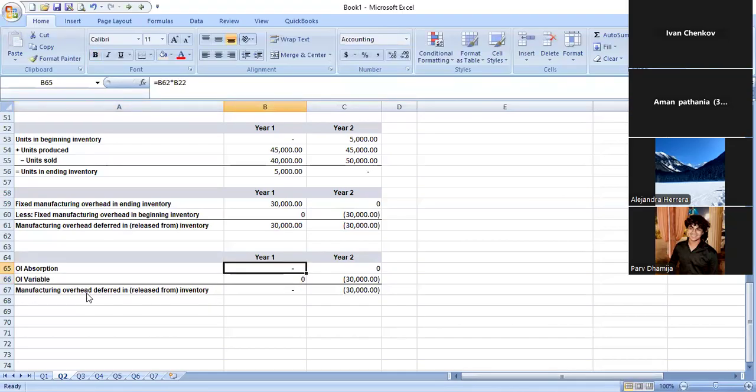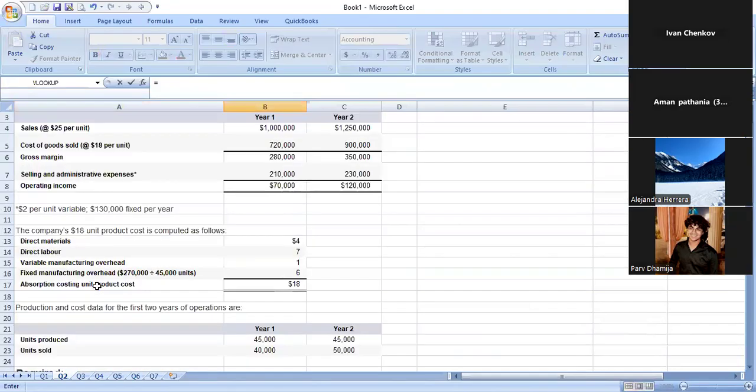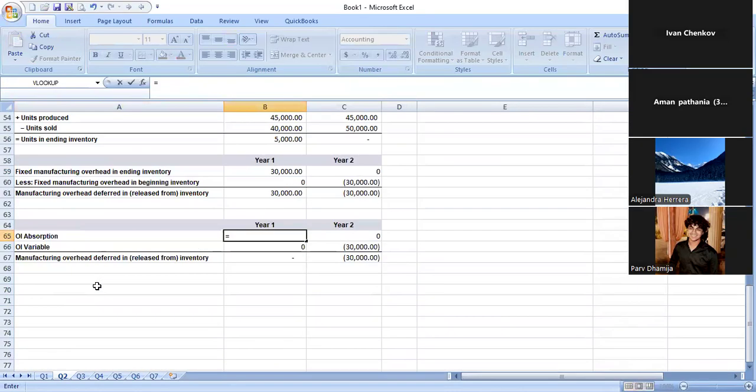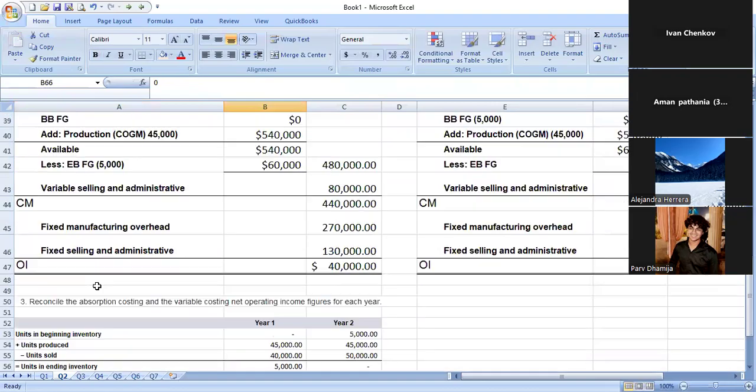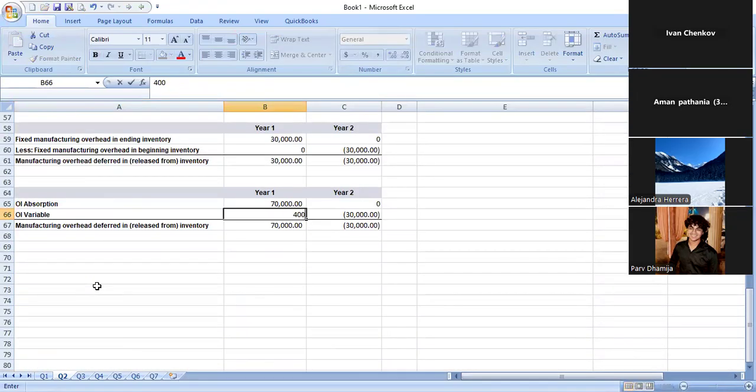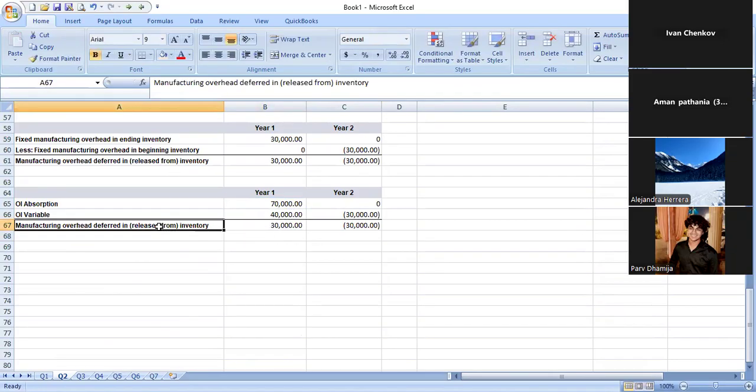Then the first year, absorption gives us an operating income of 70,000, whereas the variable gives us an operating income of 40,000. This number here will be the first one minus the second one. So in this case, the absorption gives you the higher operating income, as you can see.